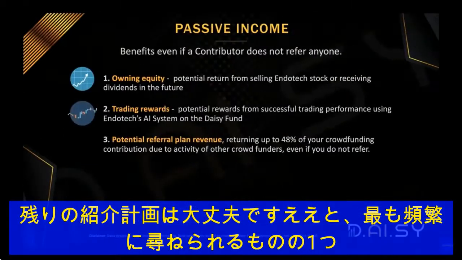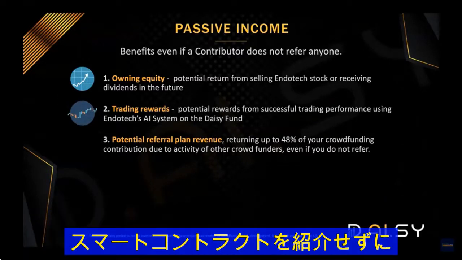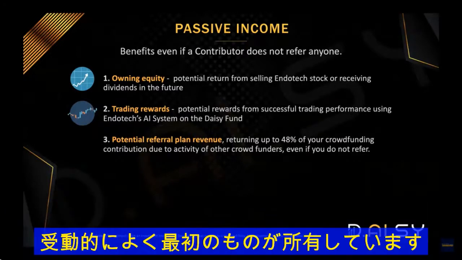All right. One of the most frequently asked questions is, can I earn passively in DAISY, right? Without referring people to the smart contract? So the answer is yes, there are 3 ways to earn on a passive basis.